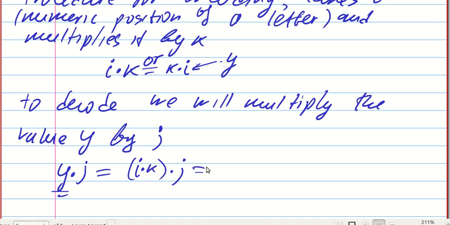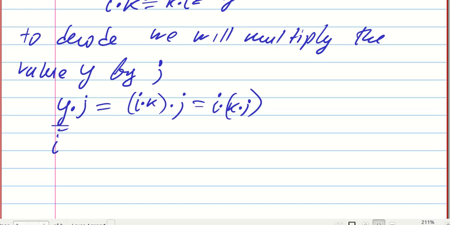And in multiplication we can rearrange it, and we can write it as I times k times j, but we can put parentheses around k and j. And then we want to do modular operation, so let's try to do that. I times k times j mod 26.